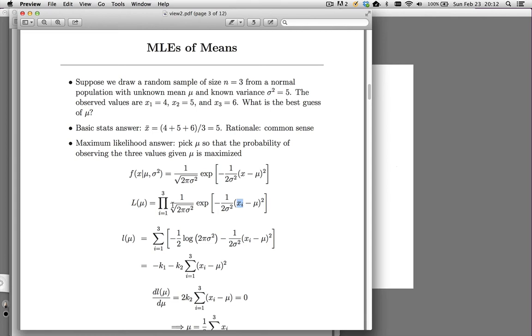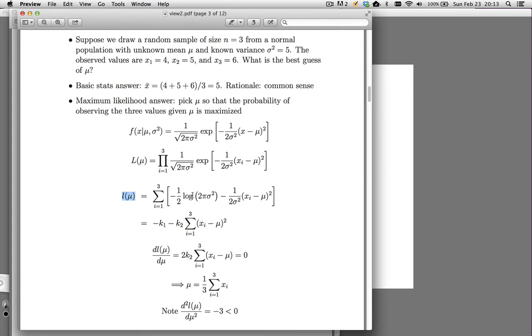So we could think of this thing where we substitute 4 in, times this thing when I substitute 5 in, times this thing when I substitute 6 in. Now you can see why we want to avoid taking derivatives of products, because that would be fairly messy. So to avoid that, we take the log. We always use little l for the log likelihood. So this is called the log likelihood.